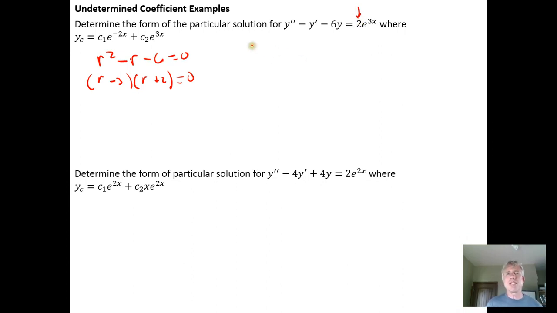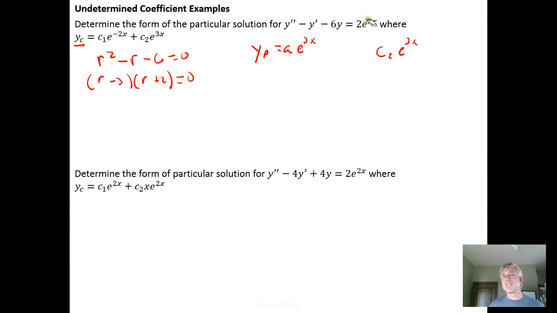And so what we would like to guess for y particular is some scalar a times e to the 3x, that our particular solution is going to have this form. And the problem is going to be that our complementary solution has c sub 2 e to the 3x as part of its form.